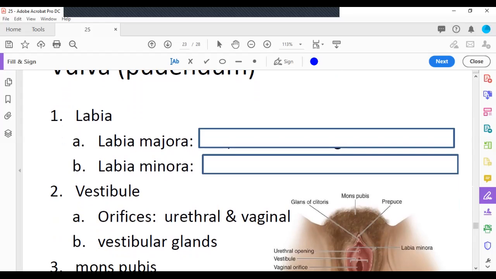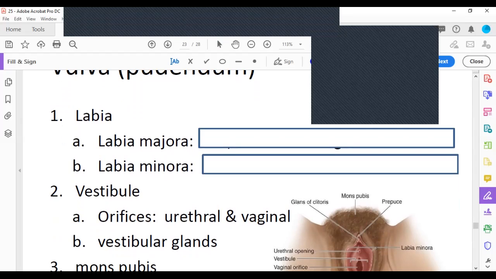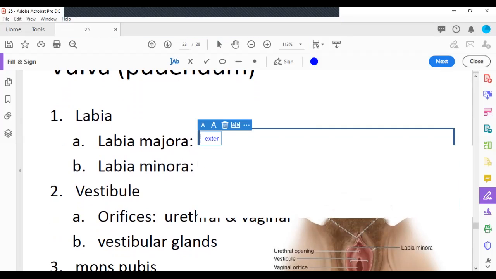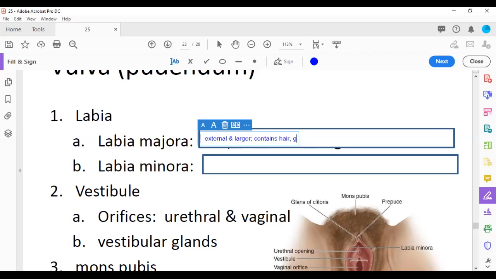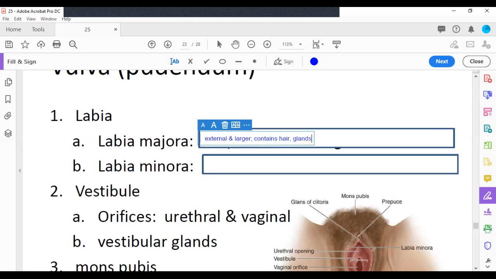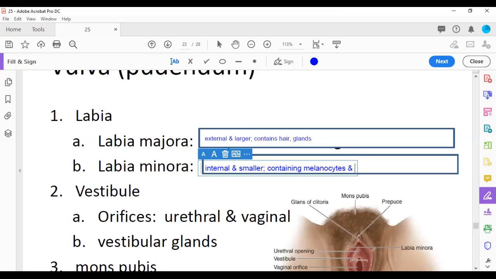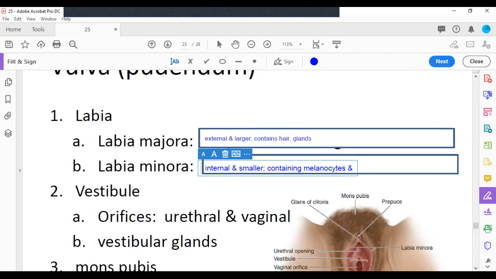The labia majora is more external and larger, and it contains hair and glands.